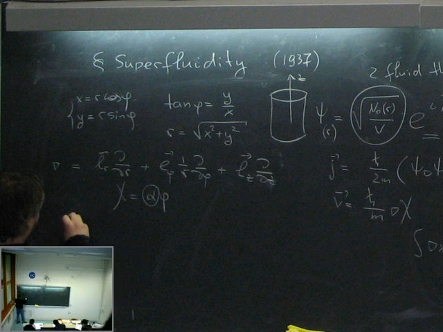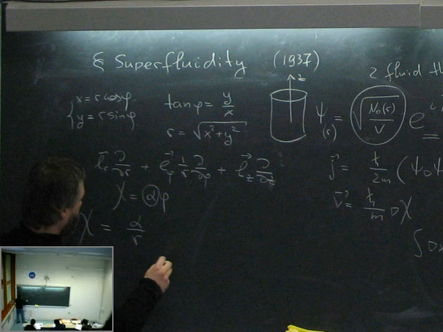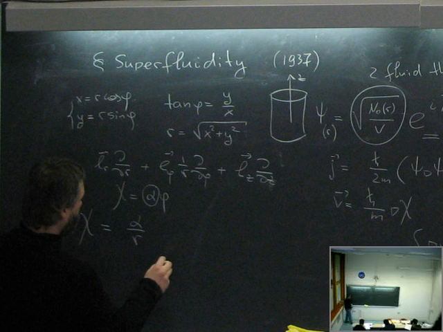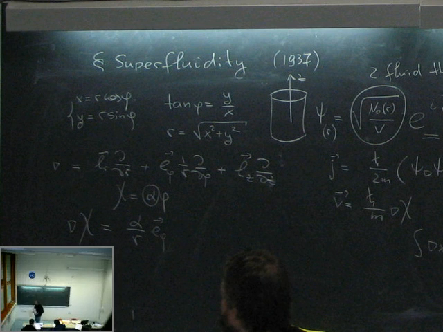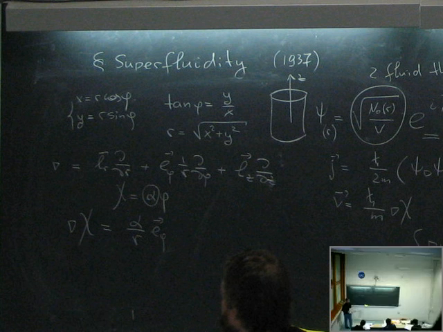Then this is alpha over r e_phi. You see that the hint that we should have this solution translated to the statement that your phase is just proportional to the polar angle.